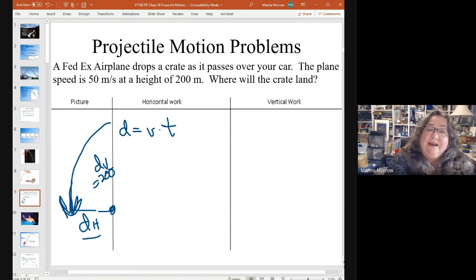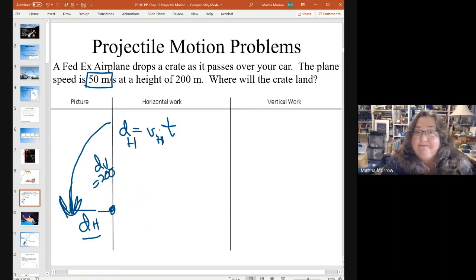And that's what's going on in the horizontal direction, because we know that the plane and the package are going at 50 meters per second in the horizontal direction. Okay, so we know that, but we don't have the time. So we need to get the time. Where are we going to get that? We're going to get it from the vertical direction.